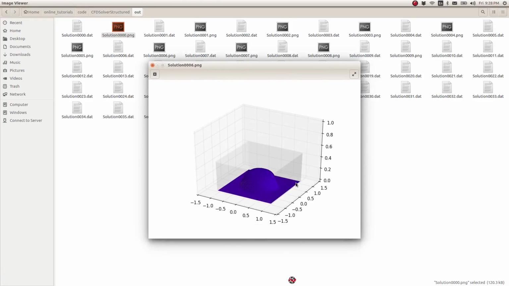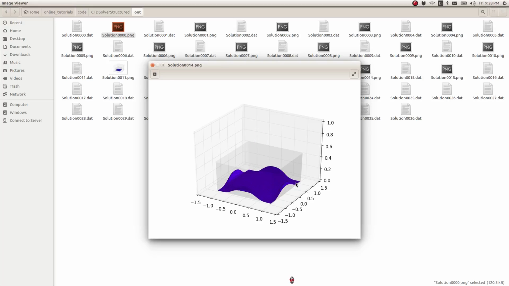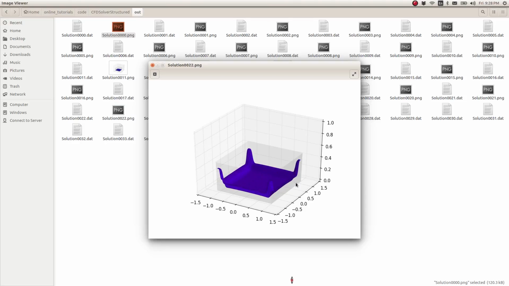Seems to be collapsing fine, but now, okay, looks like the wall boundary condition is working fine.